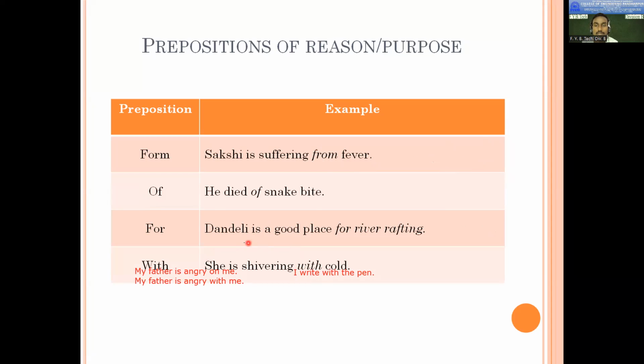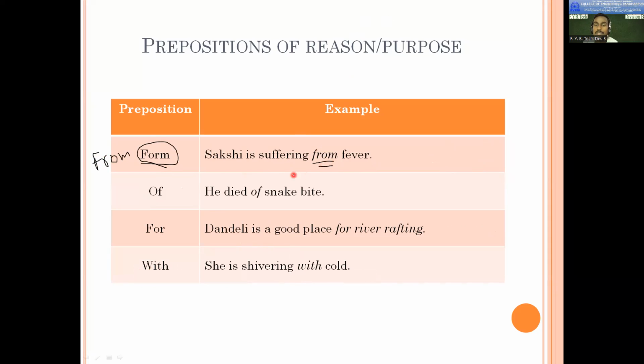Then next is from. Here you read it from. Okay, here by the typing mistake it shows form. It is not form, but you read it from. Okay, so you can see Sakshi is suffering from fever.